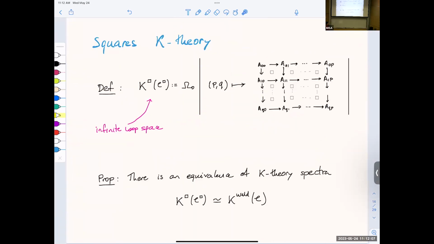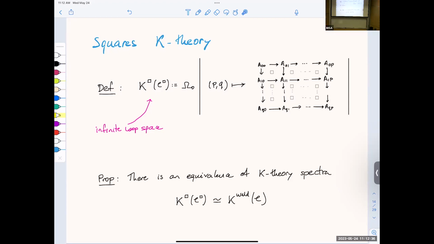Right, so now we move on to K-theory spectra. What do we mean by K-theory of a category with squares, with distinguished squares? What you mean is that you have a bisimplicial set. You take the geometric realization, and you also take base loops, and that's what your K-theory is.